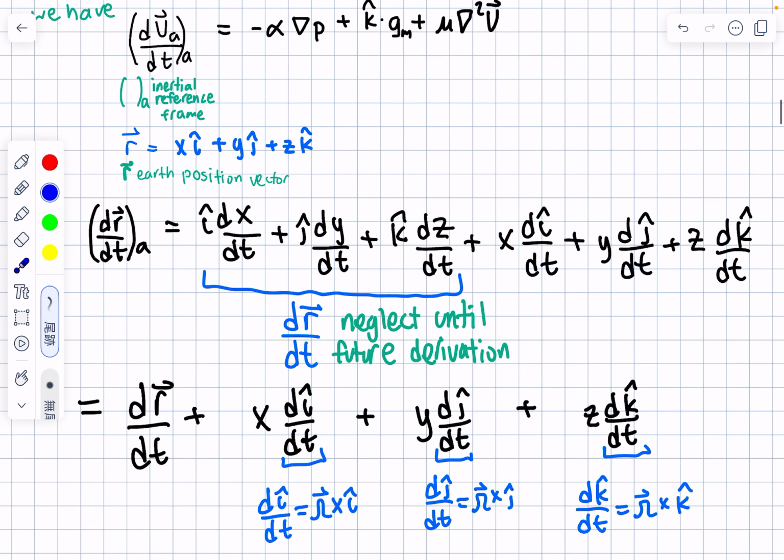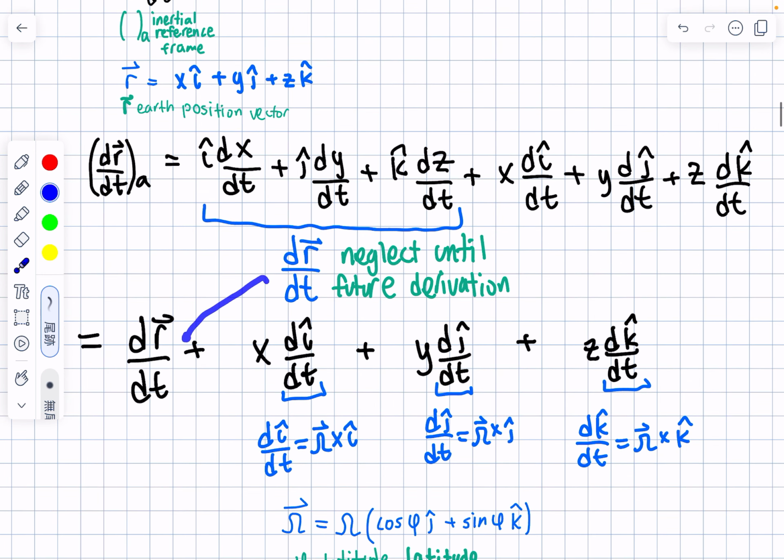So we will get i dx dt plus j dy dt plus k dz dt plus x di dt plus y dj dt plus z dk dt. And we can write this term as the total derivative of r in the non-inertial, rotating reference frame. And so that term goes here, and this term goes here.